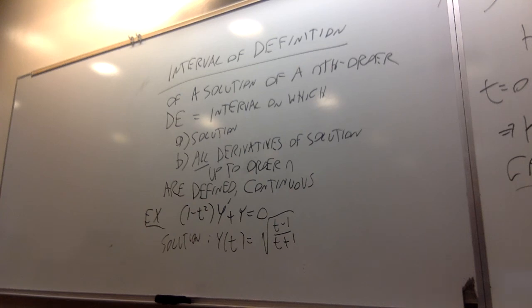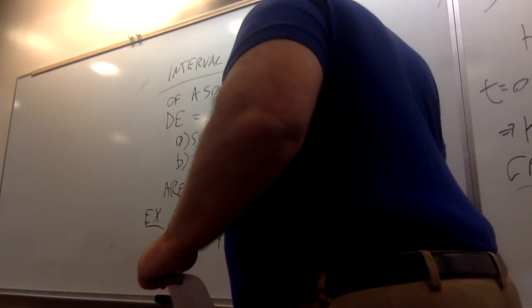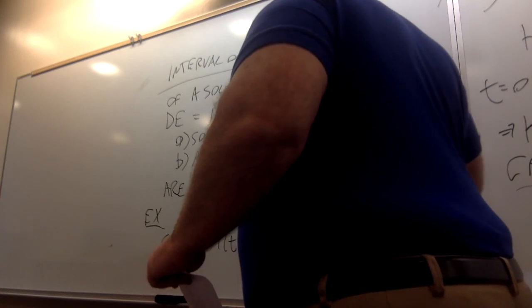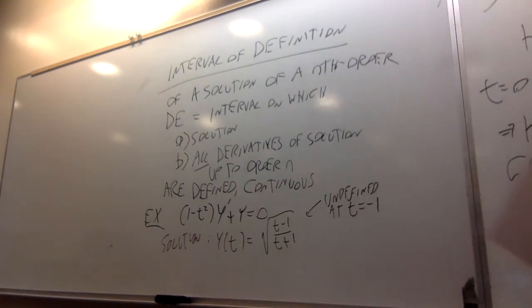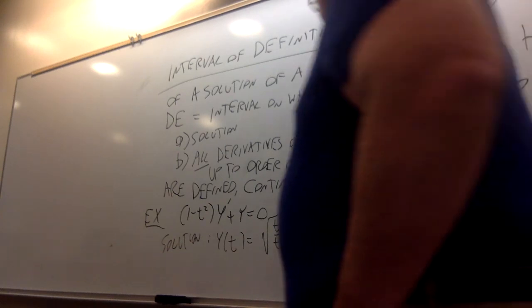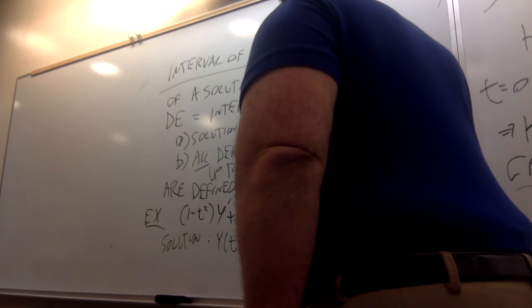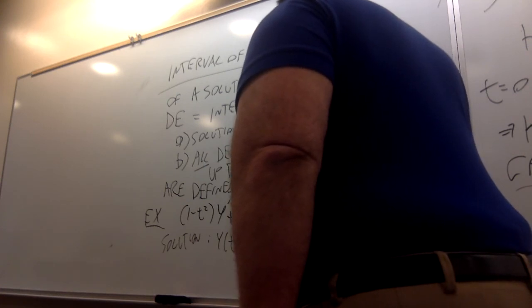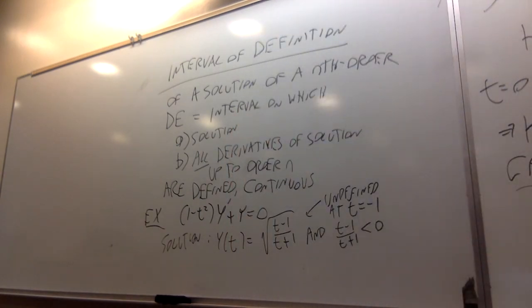Yeah, t equals negative 1. What's the problem there? You get 0. You're dividing by 0. So this is undefined at t equals minus 1, because we're dividing by 0. And if we have this situation where t minus 1 over t plus 1 is negative, we have that problem also. Okay.